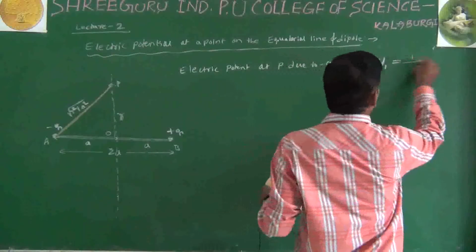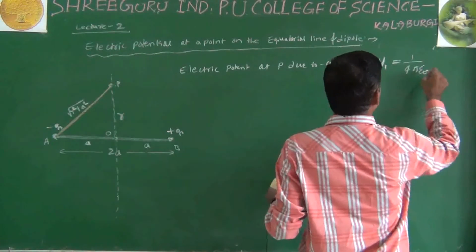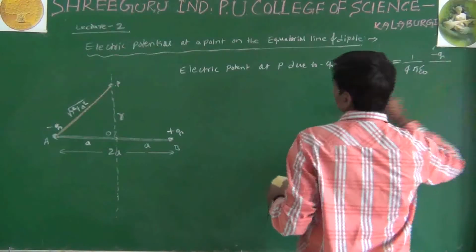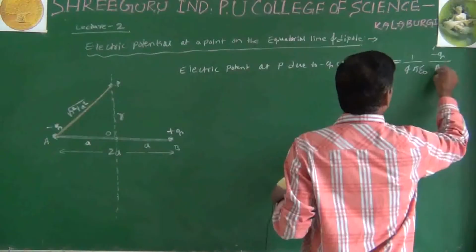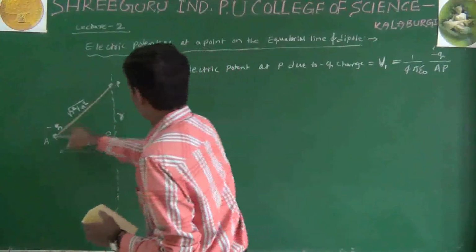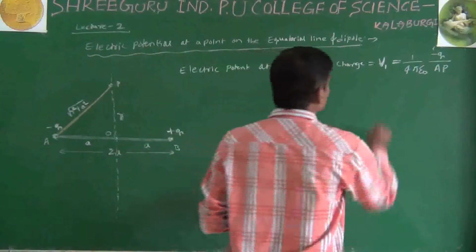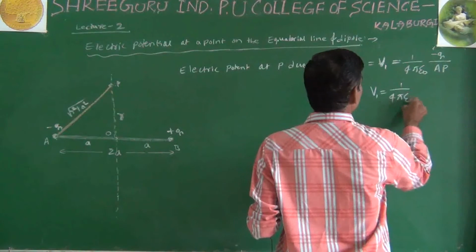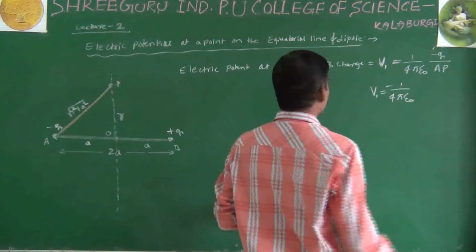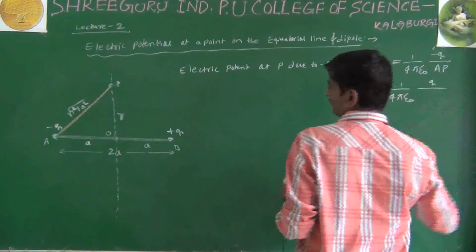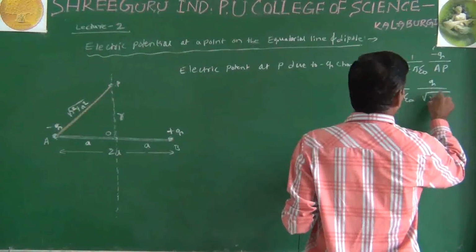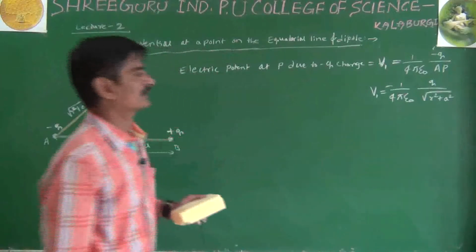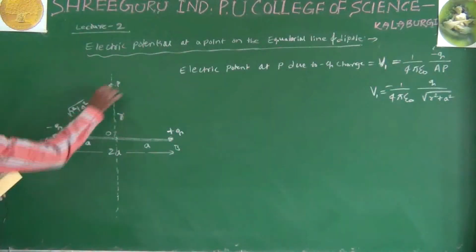Simply you can write 1 by 4 pi epsilon naught, charge minus q, divided by the distance AP. Therefore V1 is equal to minus 1 by 4 pi epsilon naught, q divided by the root of r square plus a square, that is the distance AP.